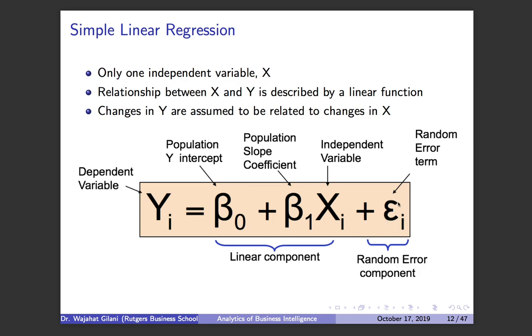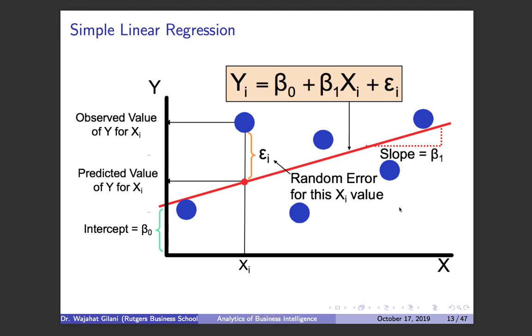Now, there's another thing over here called the random error term, and you see this everywhere in the world of regression, the error term, okay? What does this mean? This means that when they're fitting the linear regression model, there's going to be some error involved. Here, we have 1, 2, 3, 4, 5, 6 data points.